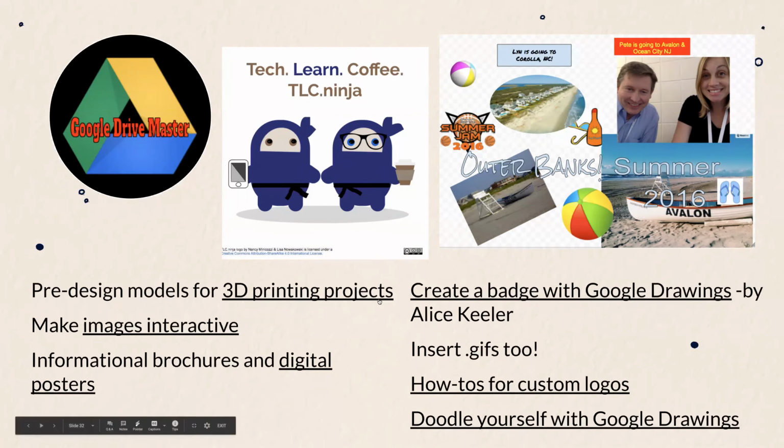And so I listed a number of creative projects here. If your students are 3D printing, or if they will be when you return back, lots of schools are using Google Drawings as a pre-design step to design that 3D printing project before they take it into their specific 3D printing software. So they're using that as a first design step if needed.